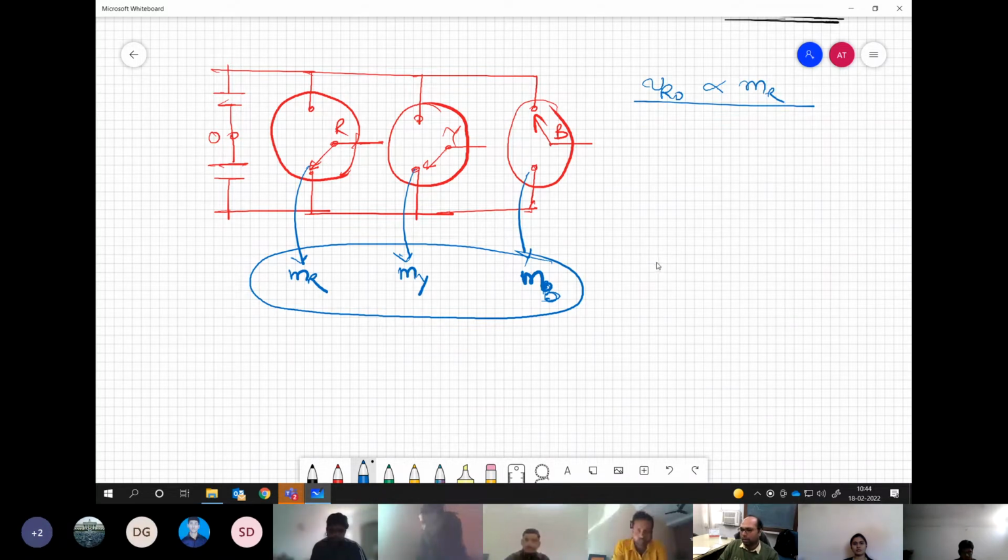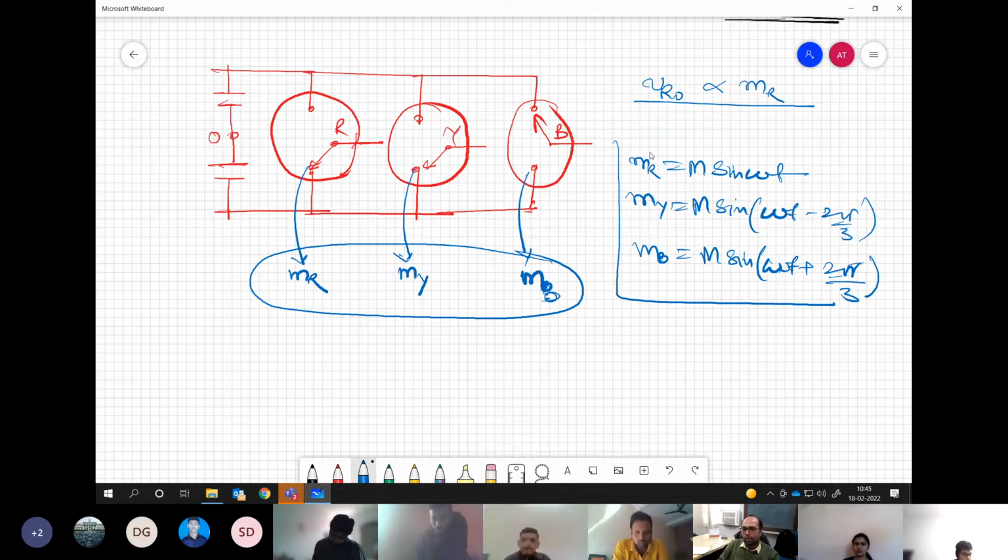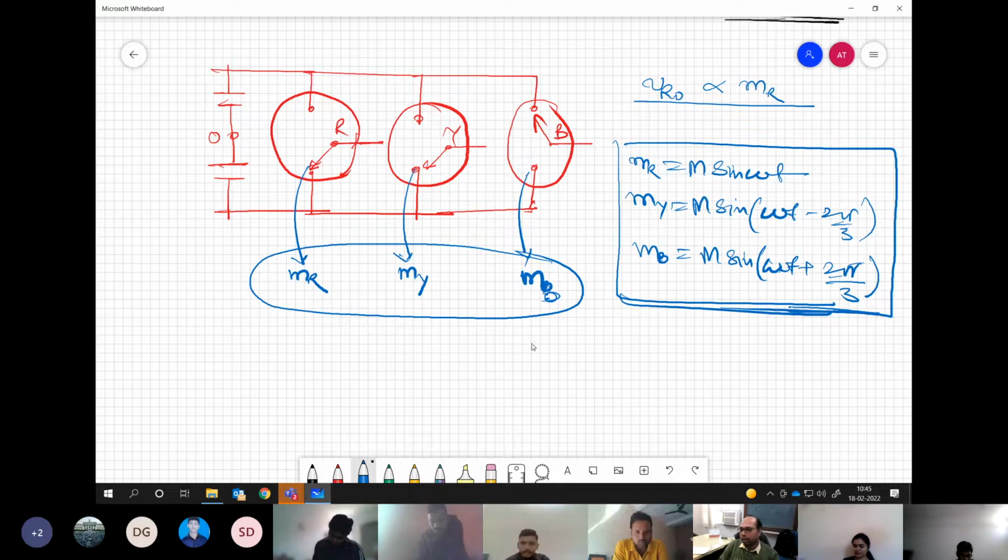VDC by 2 is only the constant factor, right? So if MR is defined as capital M sine omega t, MY should be capital M sine omega t minus 2 pi by 3, and MB should be M sine omega t plus 2 pi by 3. Understanding my point? These are three-phase balanced modulating signals for controlling each leg of the converter.